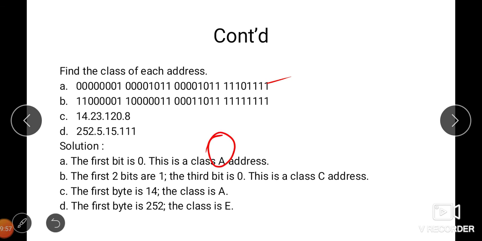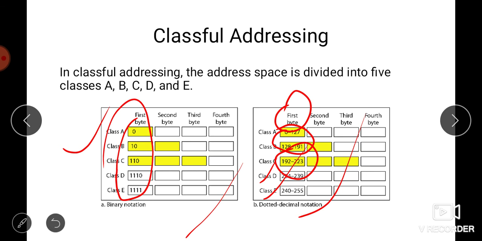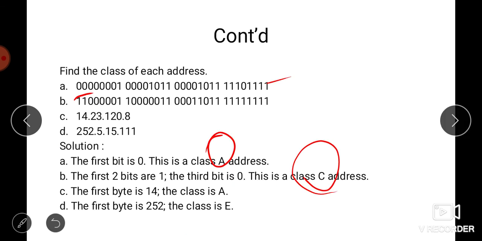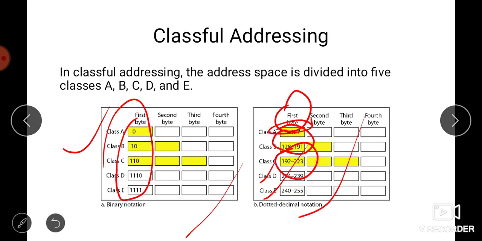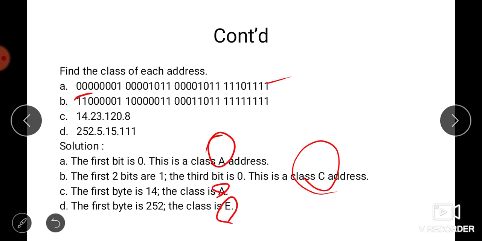Next, the first two bits are 1, so this belongs to class C. Next we have decimal. The first byte is 14, which is in this range, so it belongs to class A. Next the first byte is 252, which comes in this range, so it belongs to class E.